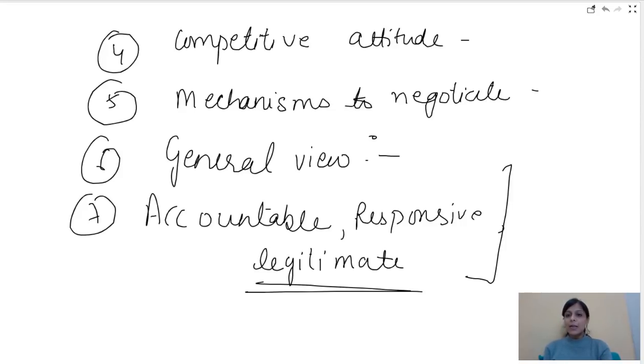Then it provides a mechanism to negotiate, because there's discussion taking place in the parliament, so you always have a platform where you can directly or indirectly negotiate with the government. It provides the general view so that the majority does not suppress the minority. And yes, it is accountable, responsive, and legitimate government.